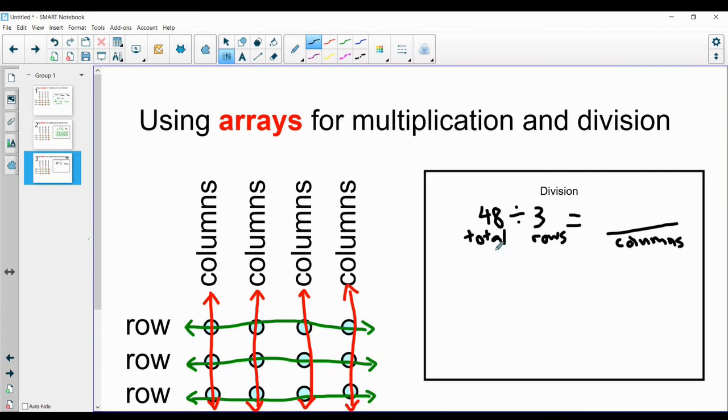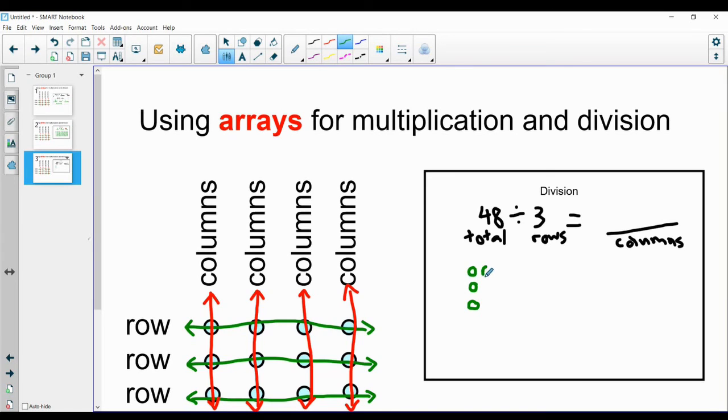Well, first I'm going to draw for myself 3 rows. 1, 2, 3 rows. Next, I'm going to keep going until I get to the number 48.